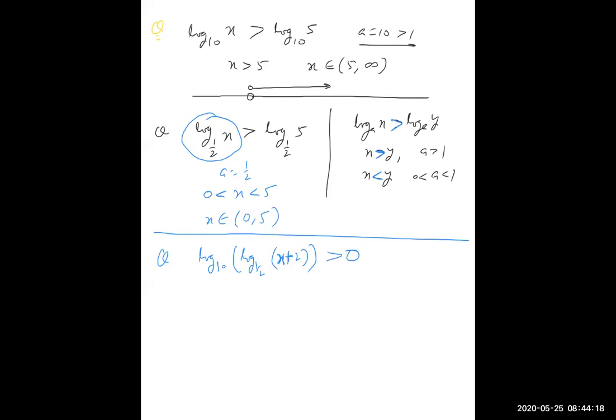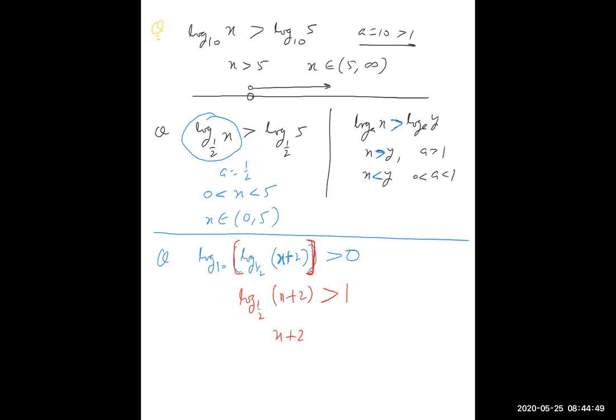So when I'm solving this problem, first of all, I will take the outer log. So next condition, base is 10. So I will write log half x plus 2 must be more than 10 raised to power 0, means 1. Now base is half, so the inequality will change.